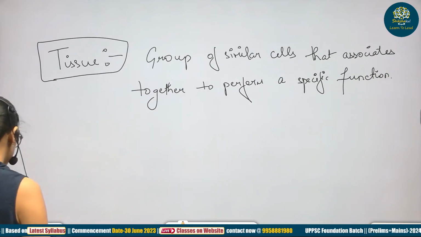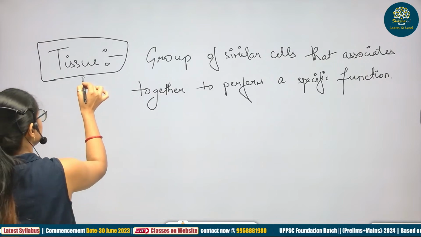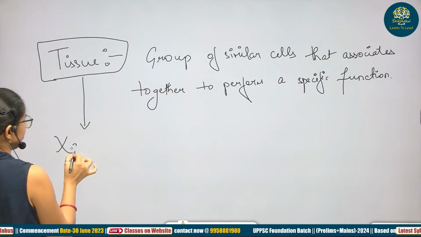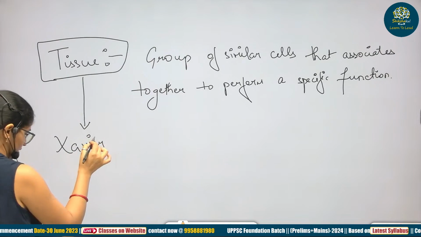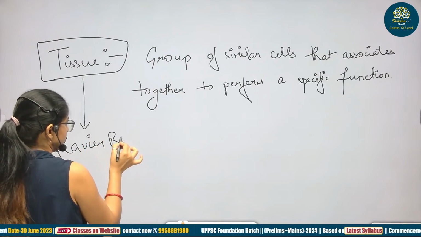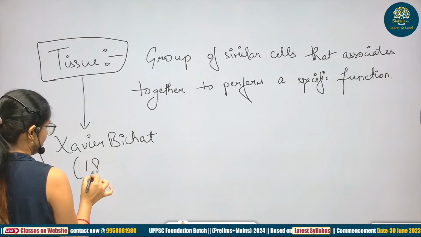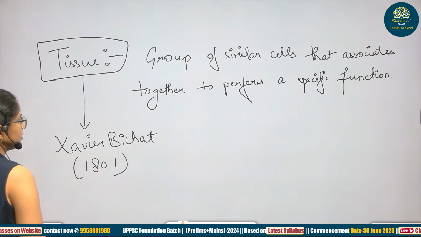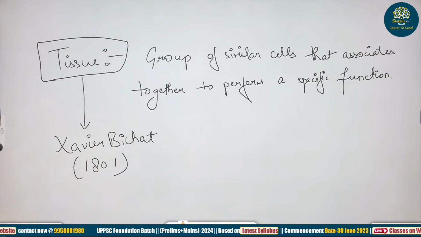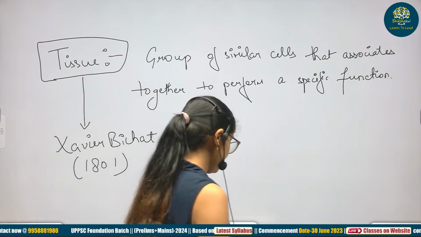Okay. So who invented the term tissue first? Xavier Bichat in the year of 1801. Xavier Bichat, who invented the term tissue. Tissue is a group of similar cells.